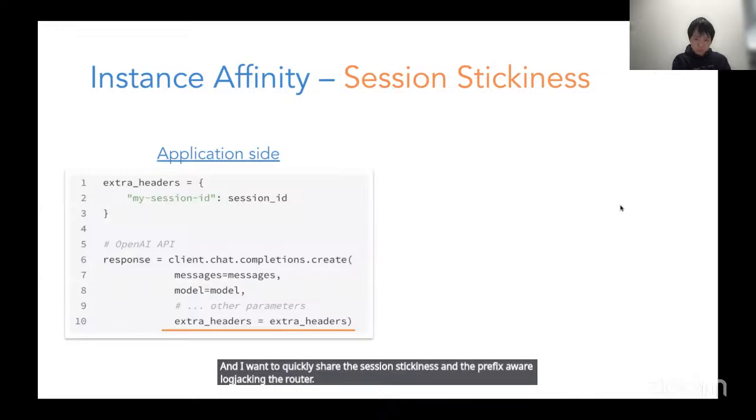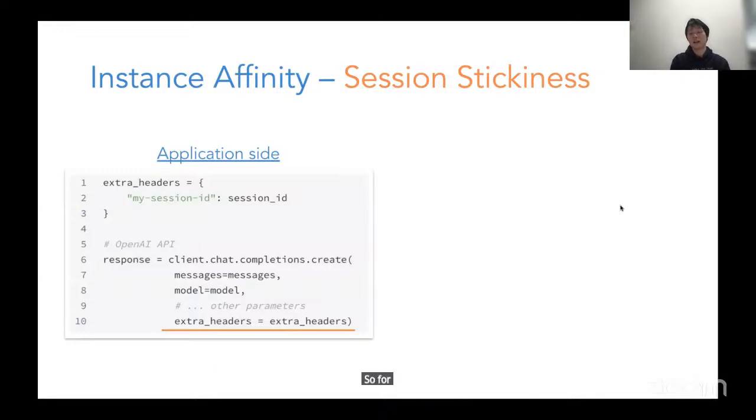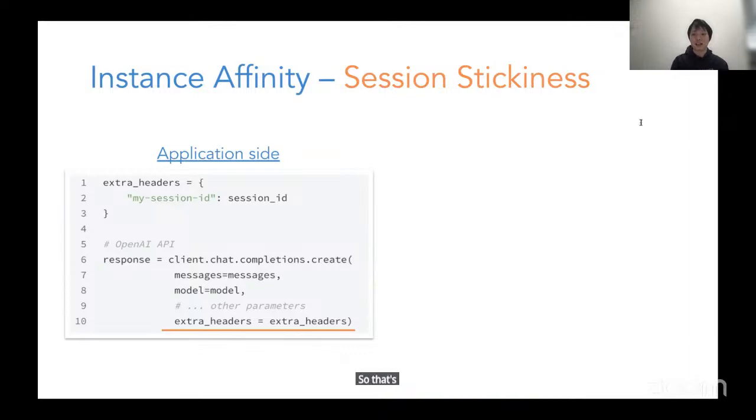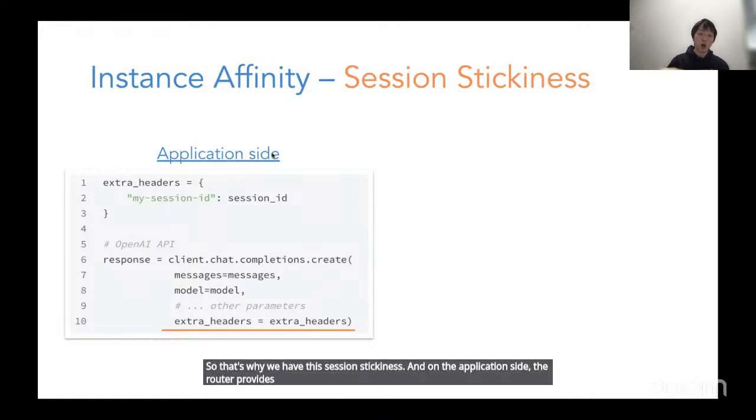Session stickiness is pretty useful when, let's say you have a chat application. Different users have different sessions, and each session has its own prefix, and it's better to route the same session to the same vLLM backend. That's why we have session stickiness. On the application side, the router provides the same OpenAI API interface to the applications.